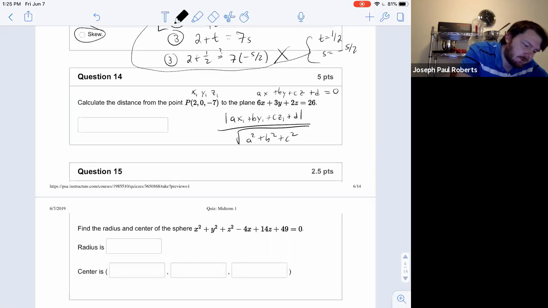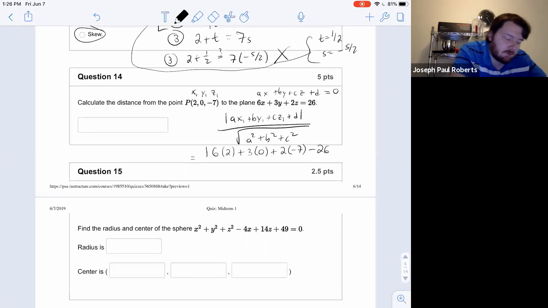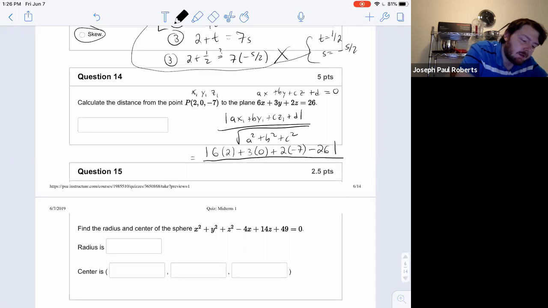And so it looks like a is 6, times x1 plus 3y1 plus 2z1. Be careful, you have to put it in the form ax plus by plus cz plus d equals 0. So for this plane, d is negative 26.